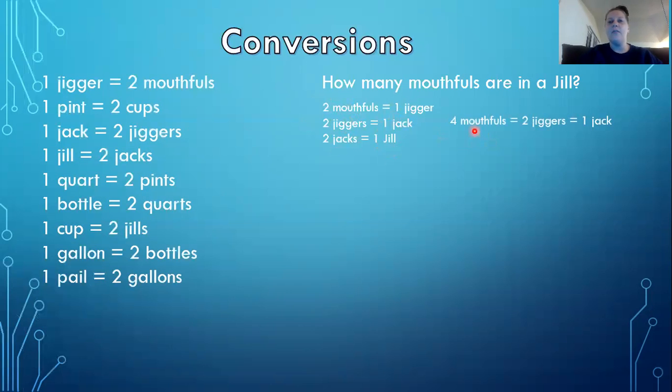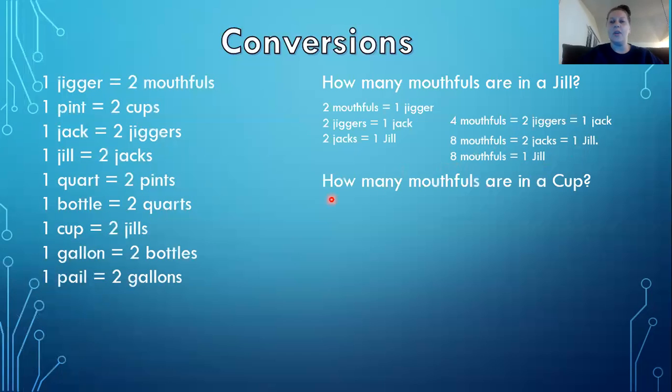So we have 4 mouthfuls, which is equal to 2 jiggers, which is equal to 1 jack. So that makes 8 mouthfuls equal to 2 jacks, which is equal to 1 jill. So we have 8 mouthfuls equals 1 jill.